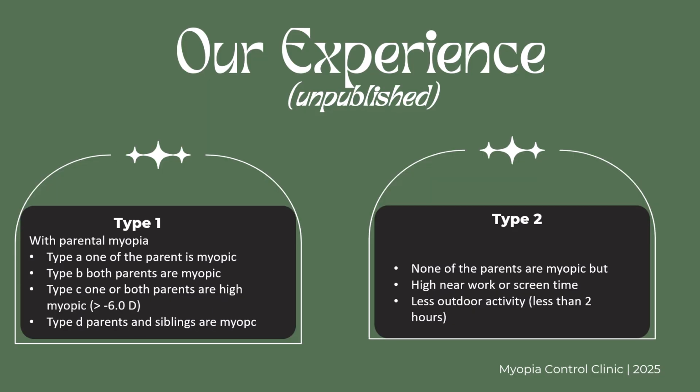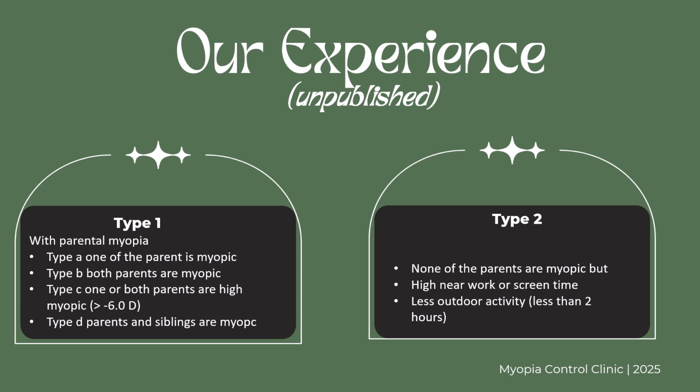So in our understanding, we have now understood that we would divide these pre-myopes into two broader groups, like type 1 and type 2. I know this is not published. This is purely based on what we are doing at this point of time in our clinic, or what we have understood. Type 1 is purely based on the fact that they have a parental history of myopia, whether one parent is myope, or both the parents are myope, or one or both parents have high myopia, or parents and sibling, all of them are myopes.